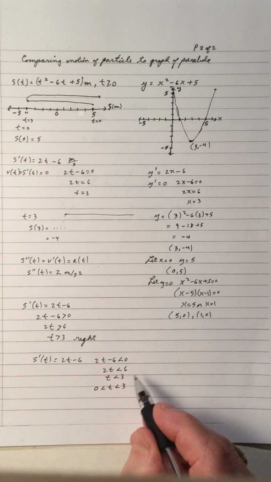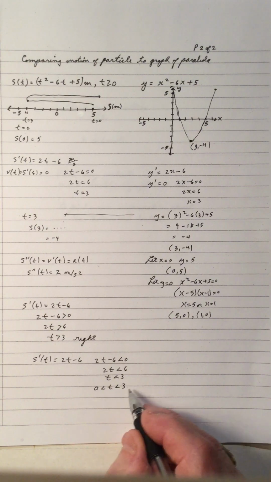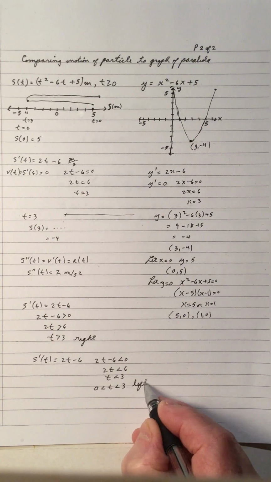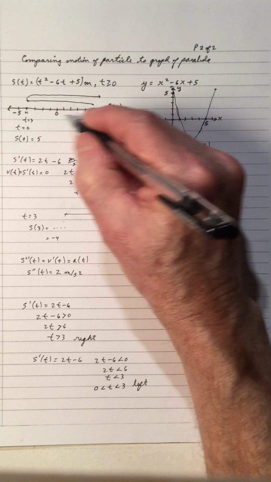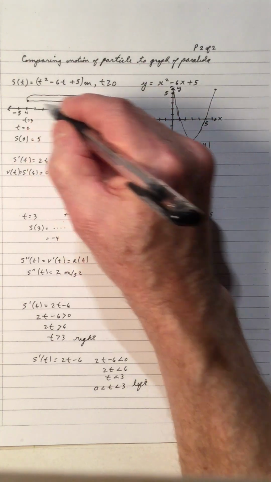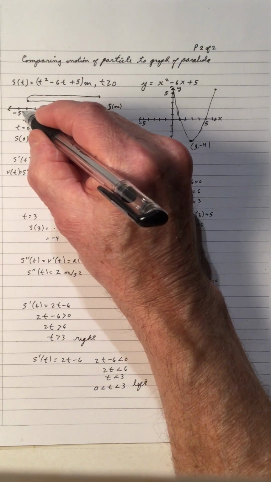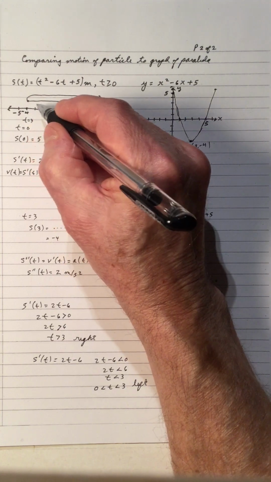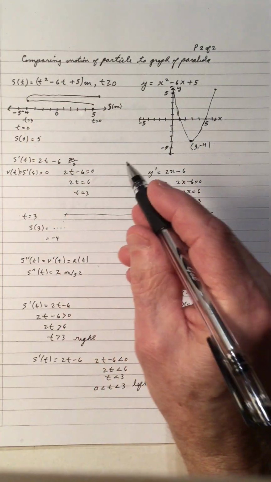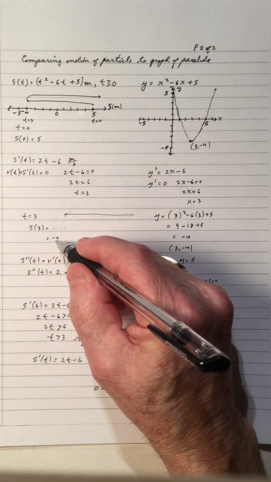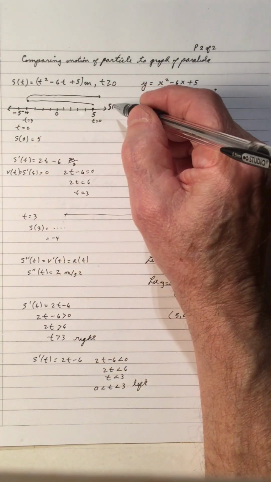Greater than 3 is going to the right. That means between 0 and 3, it's going to go to the left. So between 0 and 3 seconds, it's going to go left from 5 down to a negative 4. That's a negative 4 distance.